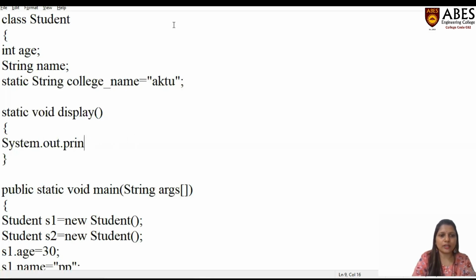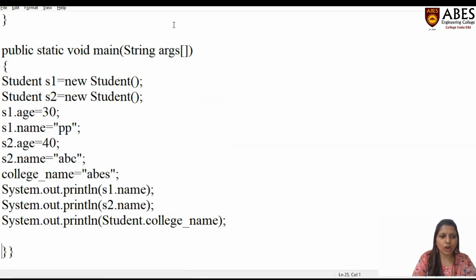So you cannot access the instance variables in the static method. But yes, you can call the static variable. Let's suppose I use static int c = 1, right? And if I print System.out.println(c), and if I call the display method, you can call the display method directly.